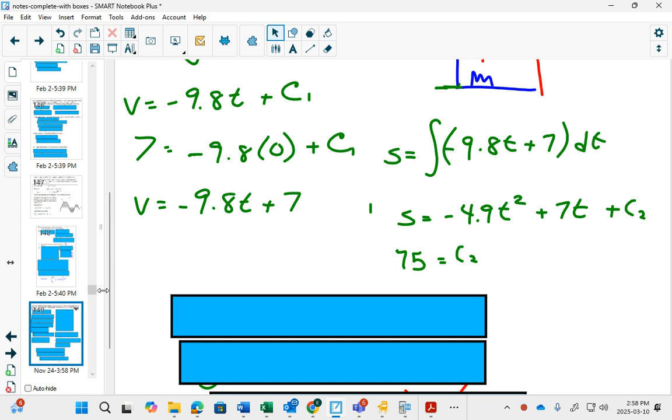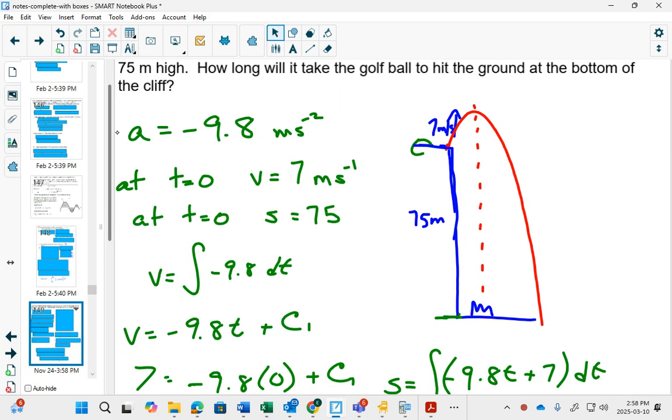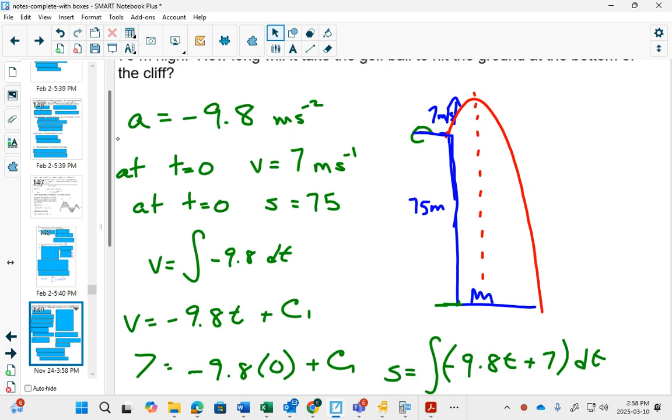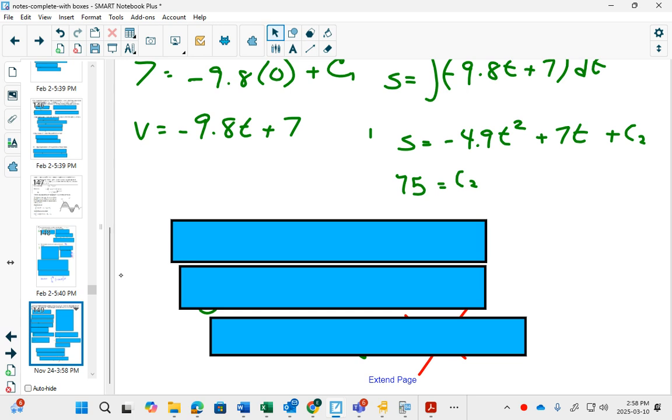And the question, now that we have all of this information, was, how long will it take the golf ball to hit the ground at the bottom of the cliff? How long says I should be solving for t. When it hits the bottom of the cliff, what is it telling us?